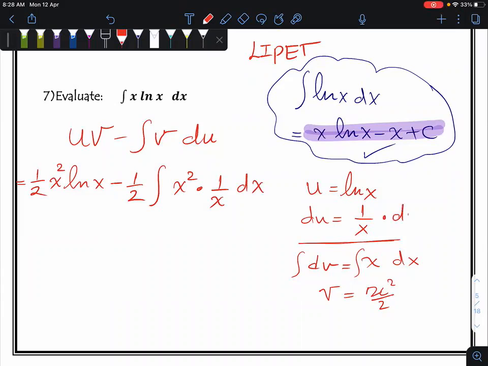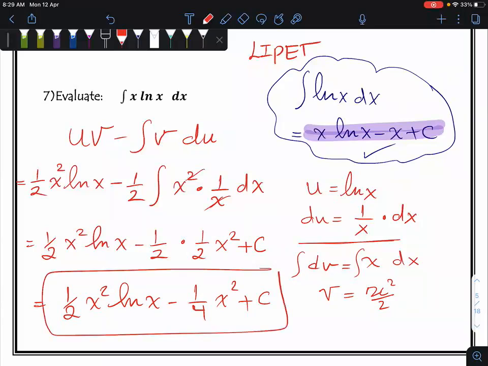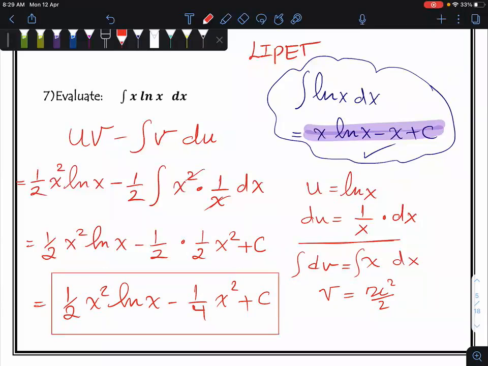Cancel out the x with the x, and finally we have 1 over 2 x squared ln x minus 1 over 2 times the integral of x, which is 1 over 2 x squared, plus c. Final step: half x squared ln x minus quarter x squared plus c. Okay, that's all for this question.